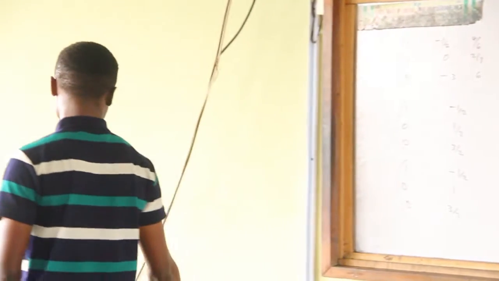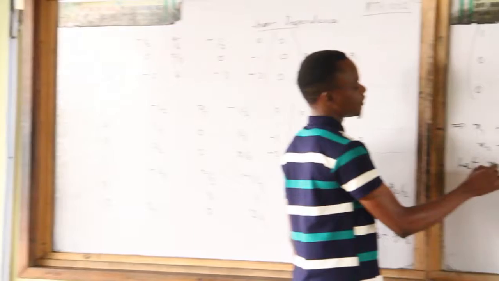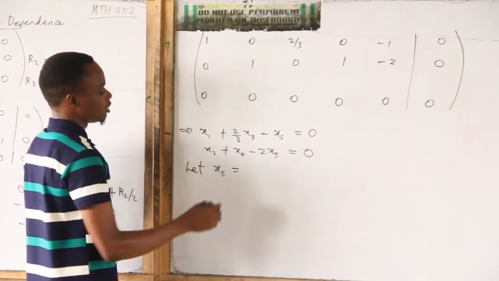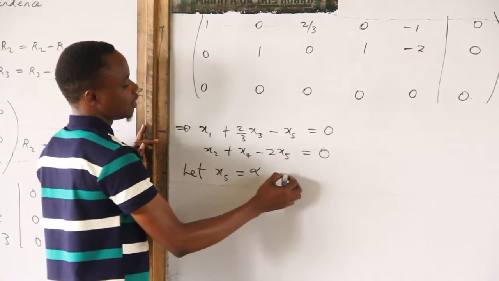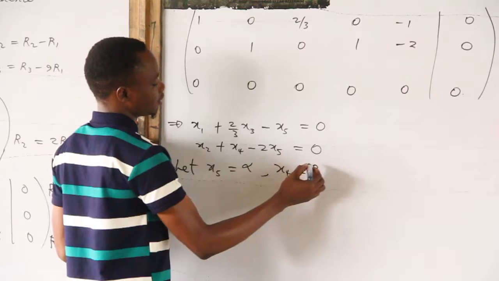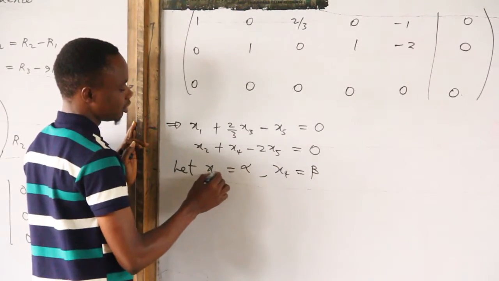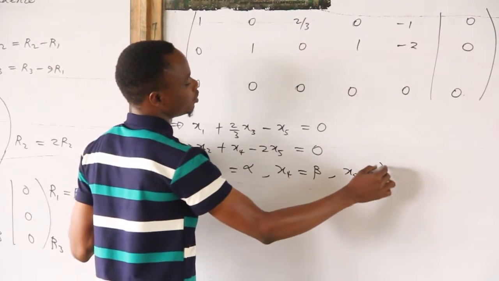So what we can do here is, please pay attention to this. Let x5, this is my choice, equal to alpha, and x4 equal to beta, and x3 equal to gamma.